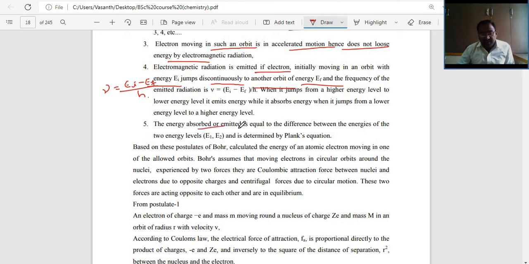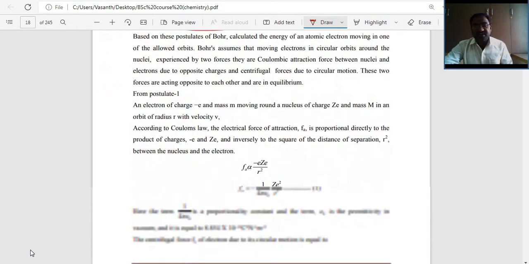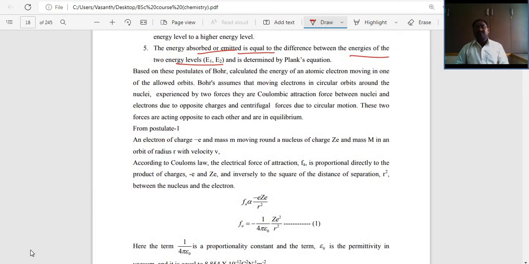The energy absorbed or emitted is equal to the difference between the energies of the two energy levels and is determined by Planck's equation. Based on these postulates of Bohr's theory, we can easily calculate the energy of an atomic orbital.